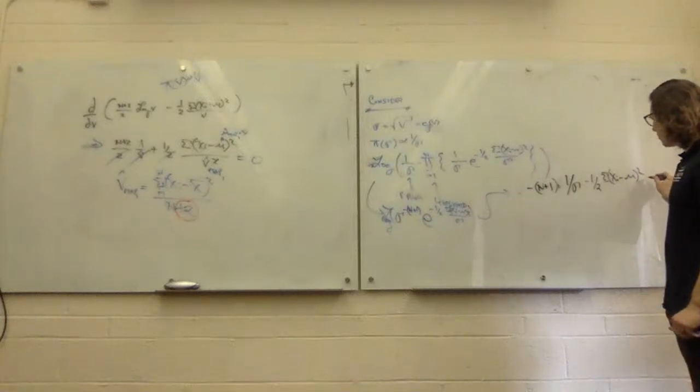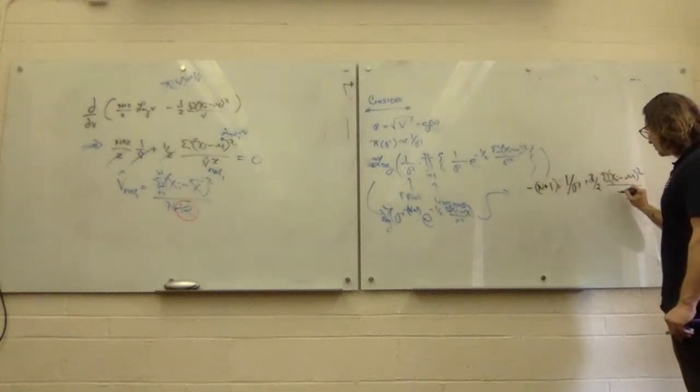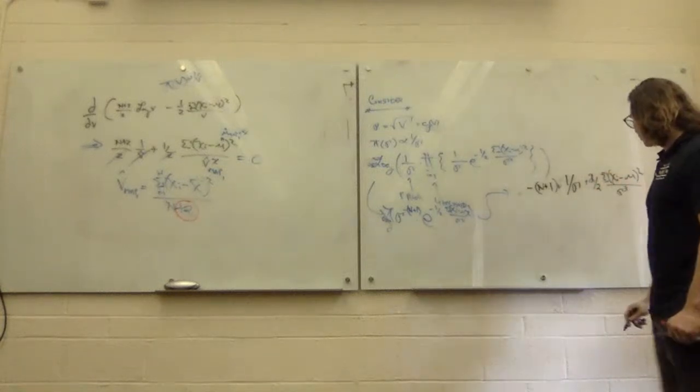So sigma to the minus 2, pull that down, 2 right here, and this is sigma cubed.